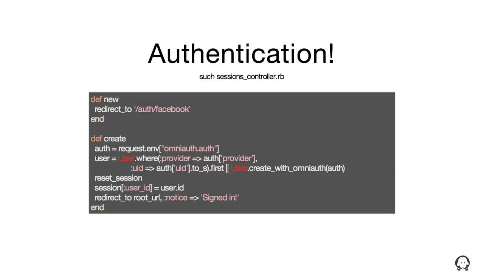You also need to do some stuff in the sessions controller. So what we are doing here is we basically are fetching the info OmniAuth sends us. If we find the user, then that's okay, we can log him in. Otherwise, we create the user, and again, there is even a bit of security here. We reset the session so they can't do the session fixation thing.